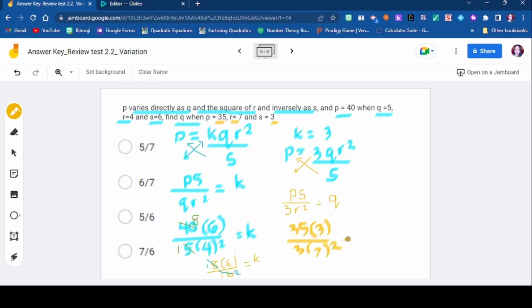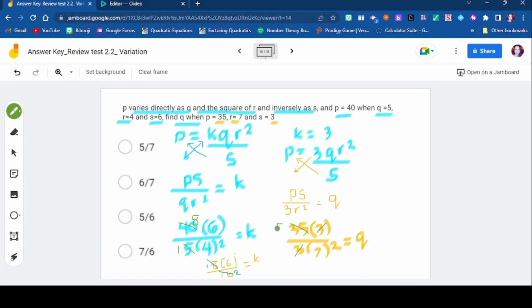Now, we're almost done. Let us apply again the cancellation method. As you can see, we have 3 and 3 are the same, so we can cancel them. Now we have 35 and 7 squared. We are aware that 35 and 7 are divisible by 7, so I will cancel 35.